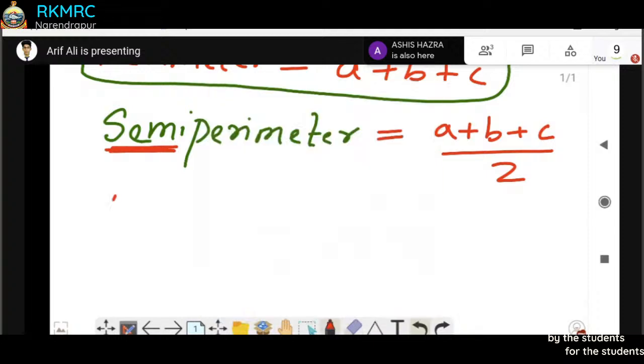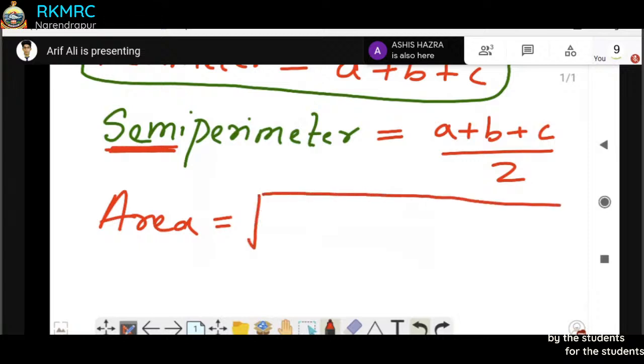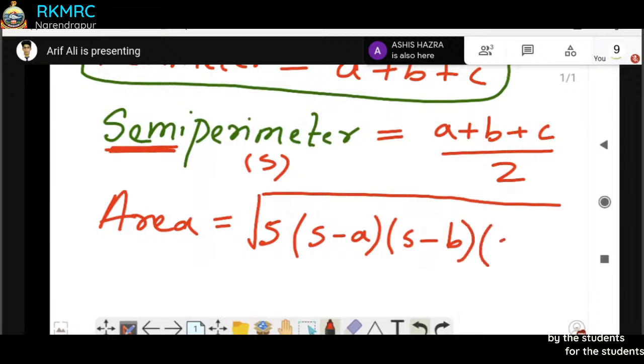And if you are asked to calculate area, then we have the area formula as root under s into s minus a, into s minus b, into s minus c, where s is the semi-perimeter. You can change the order, like you can write at first s minus c, s minus b.